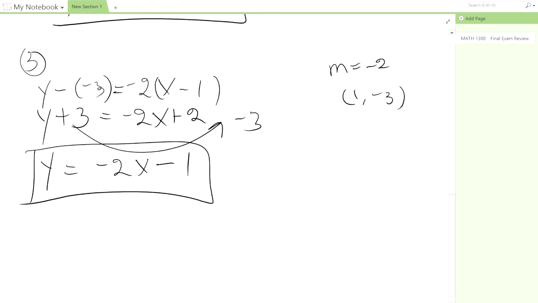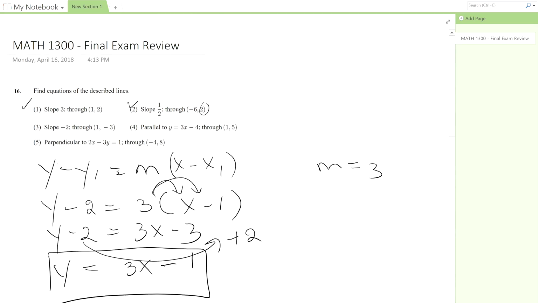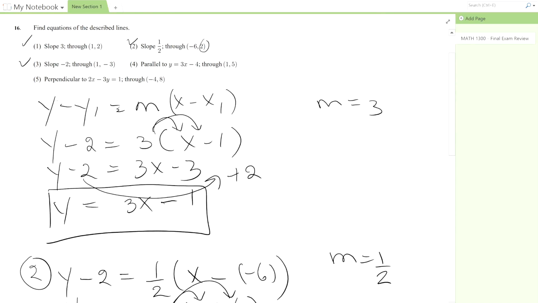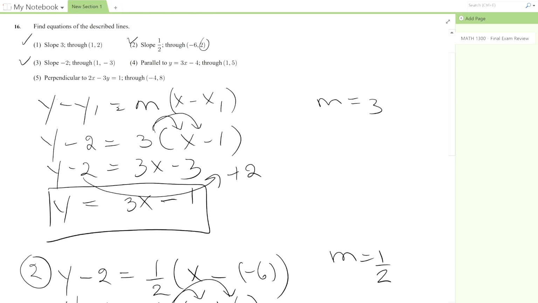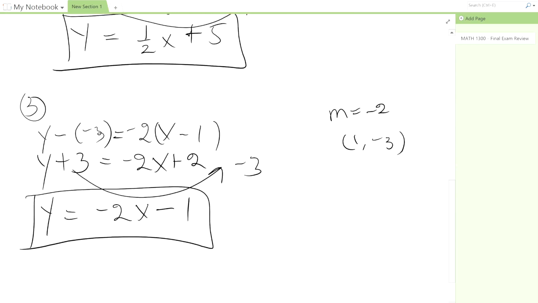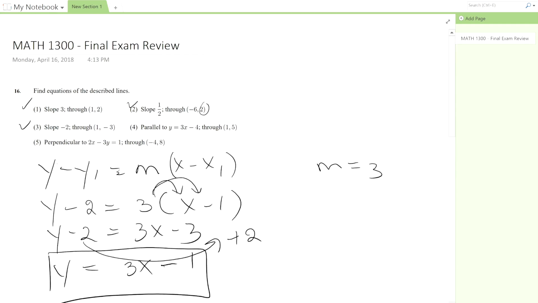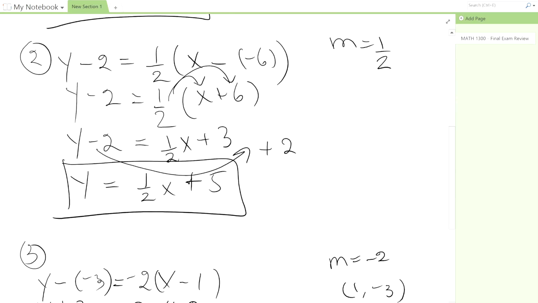Let's go ahead and do some more problems. Number 4. Now this one's slightly different. It says find the equation of a line parallel to y equals 3x minus 4, and our point is 1, 5.